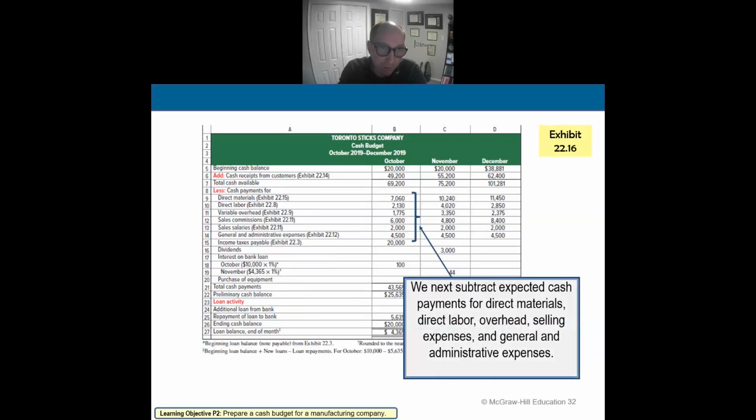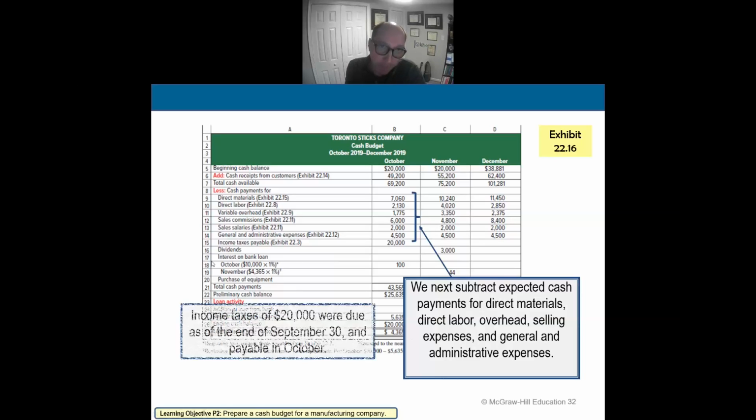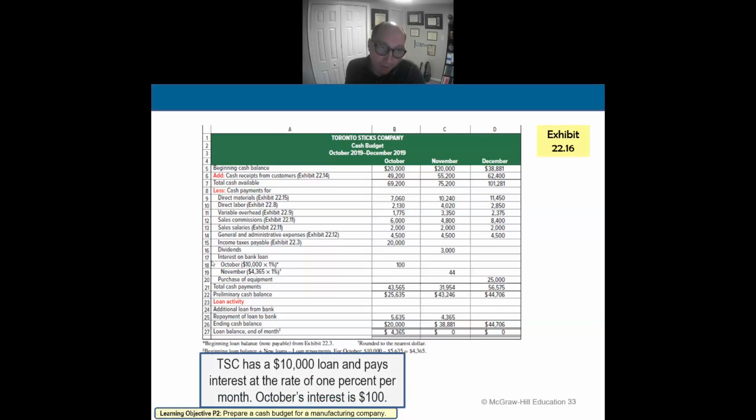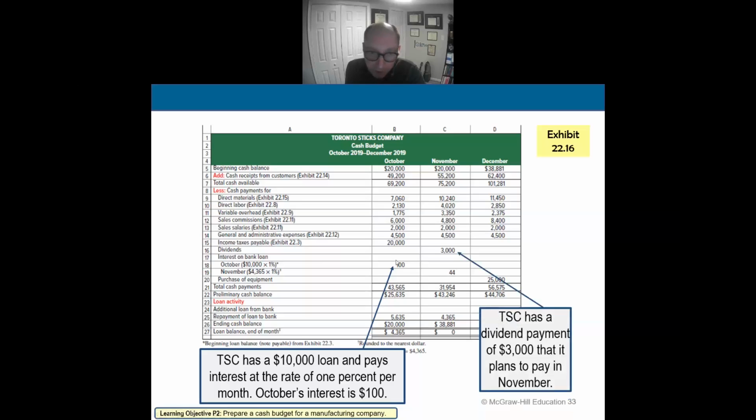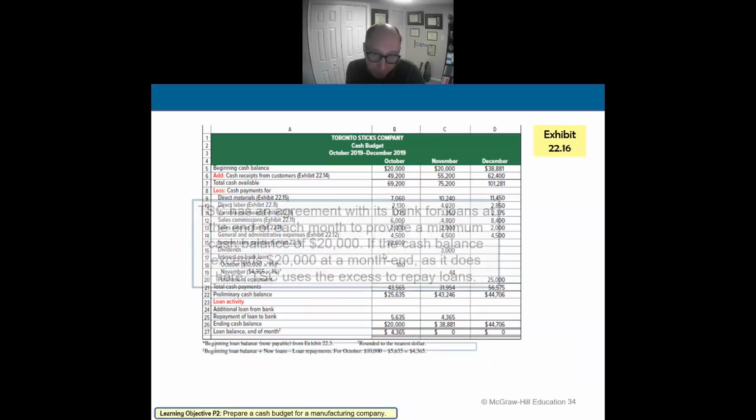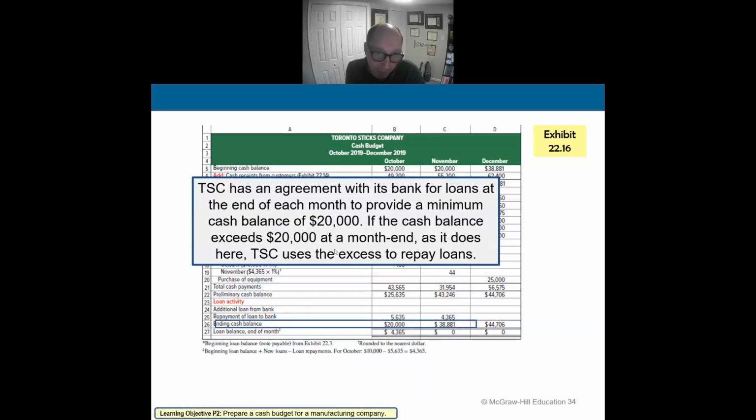And then this is a nice visual representation of the cash payments that we would make each month. And of course, if there's enough cash left over, we would want to pay down any debts. And we could also pay dividends if there's enough cash. And of course, if there's any loans outstanding, there's usually a promissory note where it has to be repaid.